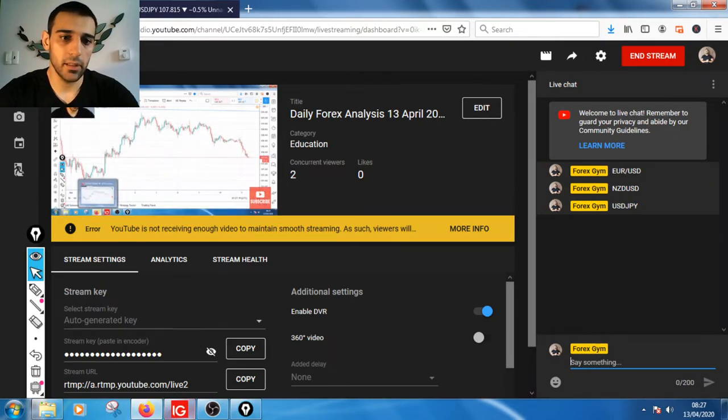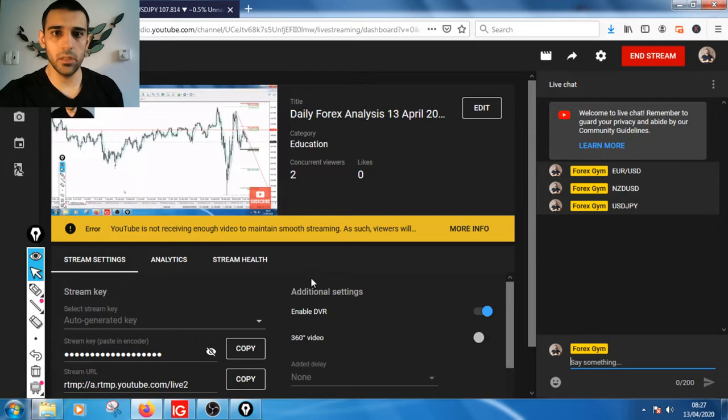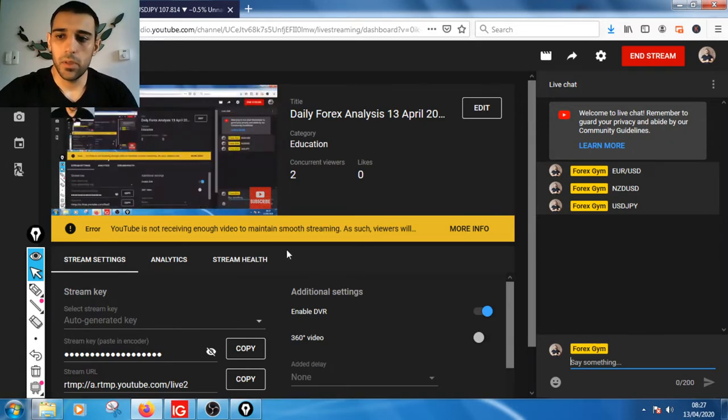Let's have a look at the MetaTrader 4. Actually, this one, YouTube is not receiving enough video to maintain smooth streaming. Okay, that's great. The internet connection is pretty good, but maybe my laptop is not doing a good job. I'm going to buy a better laptop because this is pretty old, and probably that's why its CPU is not that good.